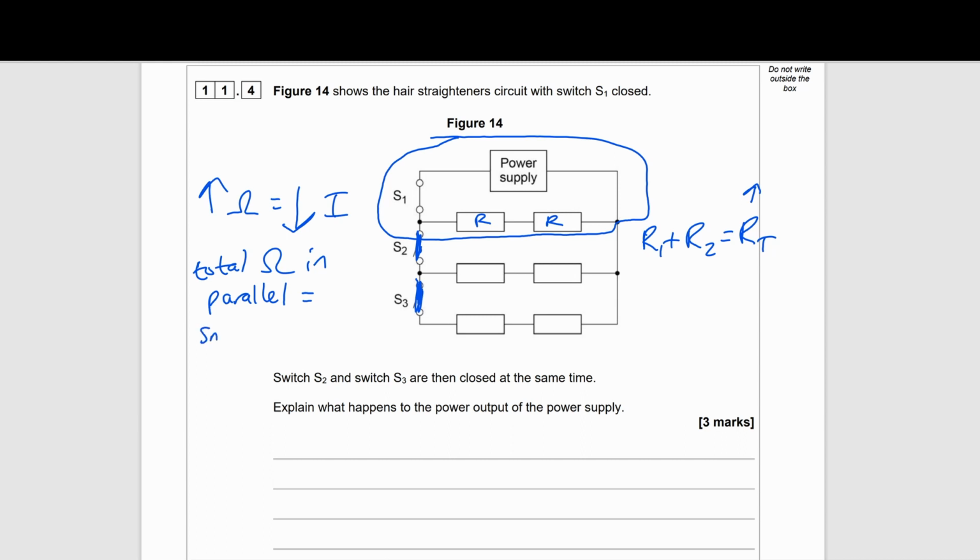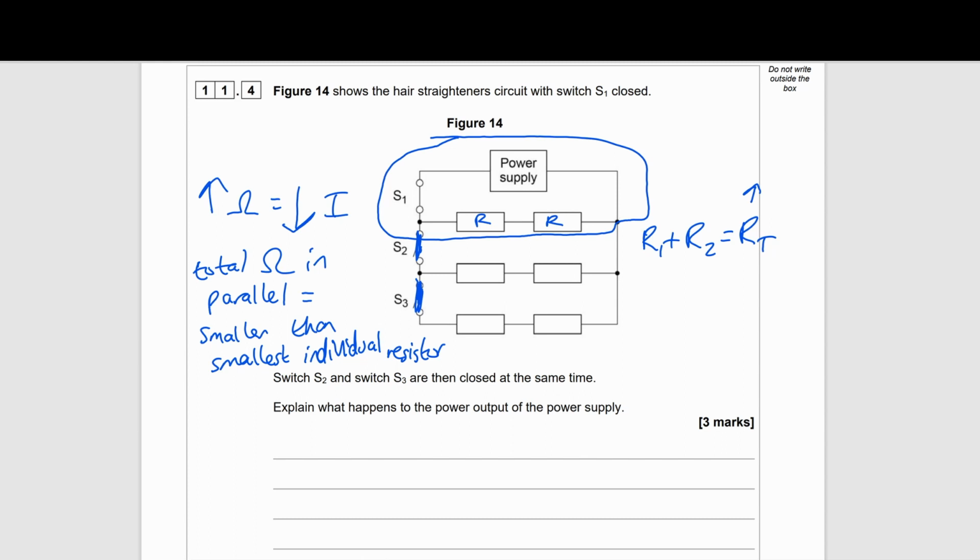The total resistance in parallel is smaller than the smallest individual resistor. That is a rule. The total resistance in parallel is smaller than the smallest individual resistor.